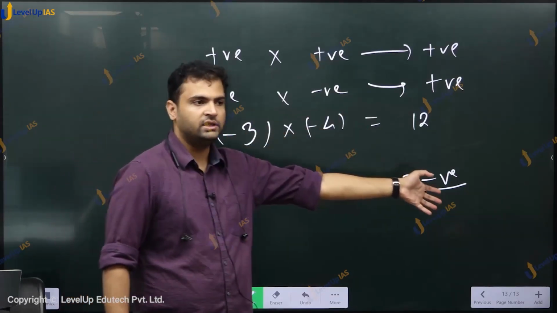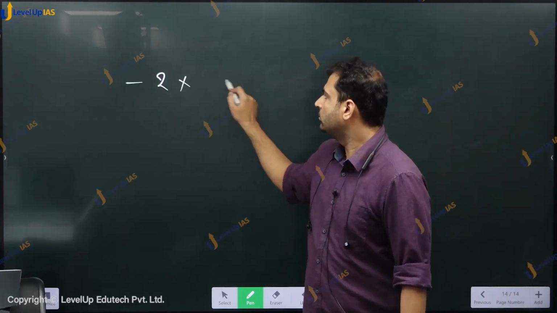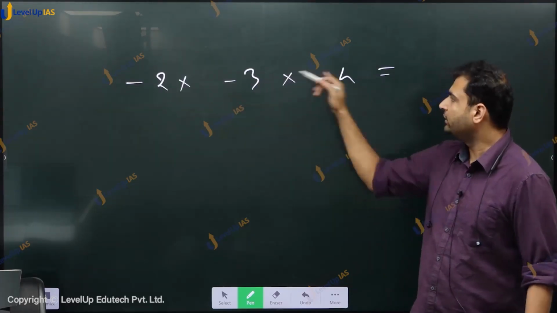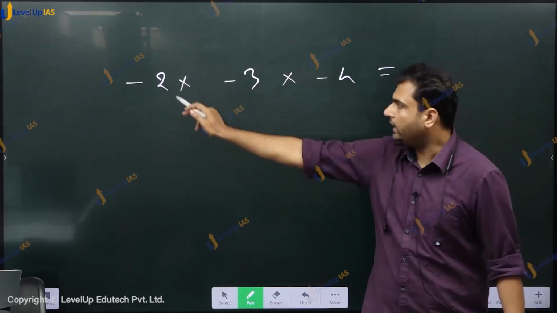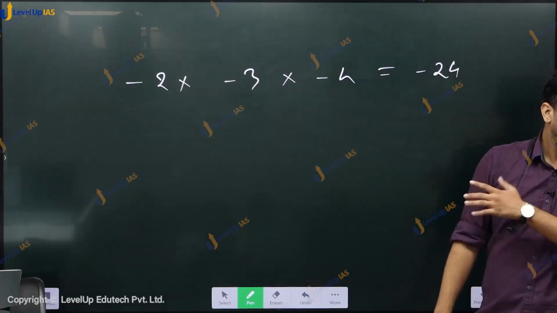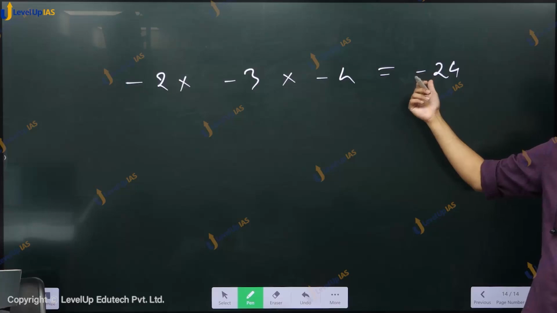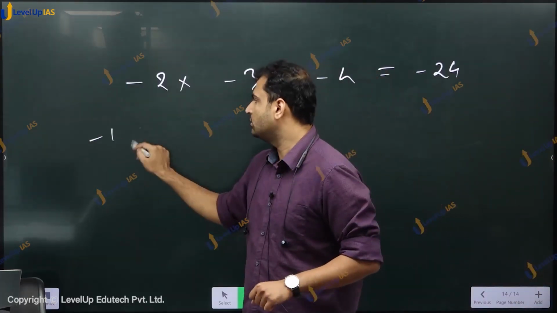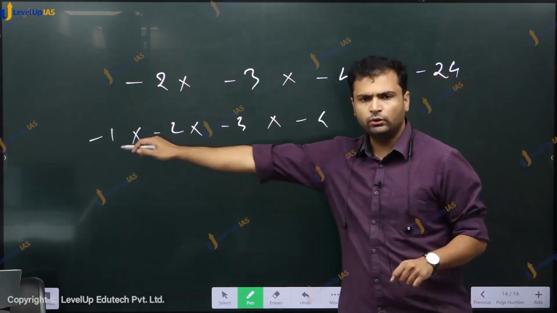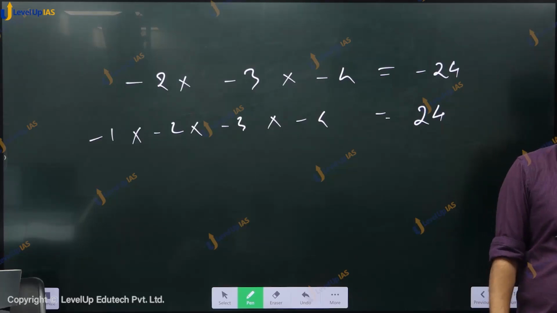If we have even number of negative signs, we'll have पॉजिटिव नंबर. तो ये अगर मैं ये बोलूं कि -2 इंटू -3 इंटू -4, व्हाट वुड बी द आंसर? 4 into 3 into 2 is 24, and minus is plus, again plus minus is minus, so answer is -24.